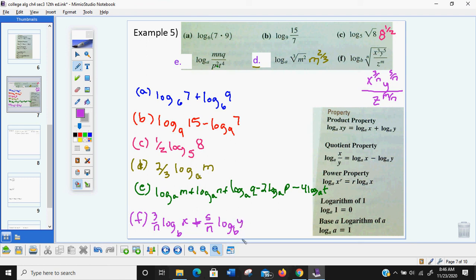Now the next one is minus because it's on bottom, it's division, so m over n goes to the front, and log to the base b of z goes next. So the one on bottom has a minus in front, and all the powers went to the front.